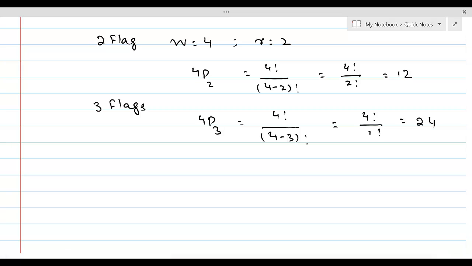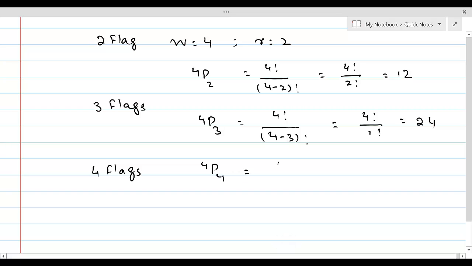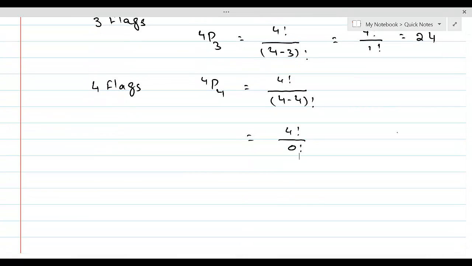And if we use all four flags, 4P4 is equal to 4 factorial over 4 minus 4, that is 0 factorial. So 4 factorial over 0 factorial, and if you remember, we know that 0 factorial is equal to 1.